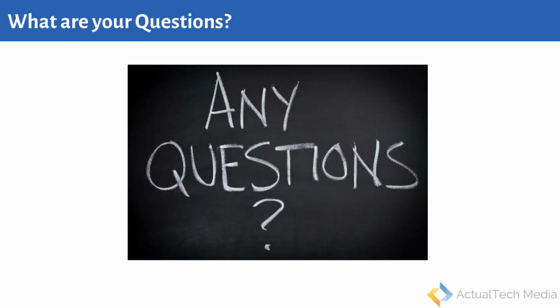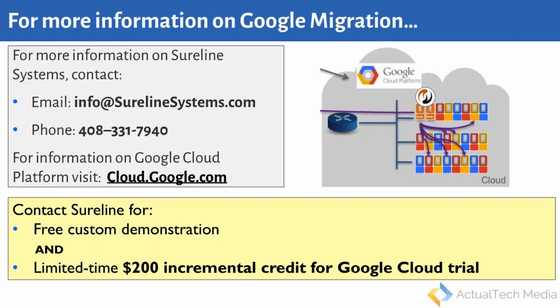And that brings us to Q&A time. It's time to get the answers to all your questions about migrating to cloud and about Sherline's solution for Google Cloud migration. One of the first questions I see is about the Sherline focus, and does it support only migration to Google Cloud, or can you migrate to other public clouds like Amazon Web Services, Azure?